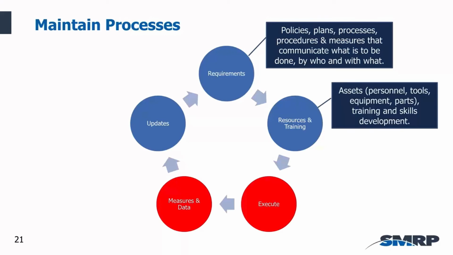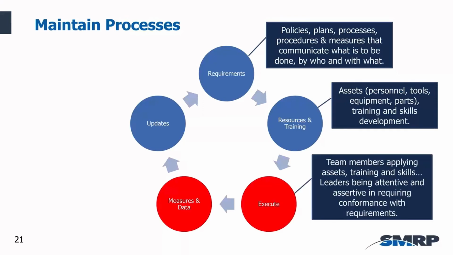But we then have to provide the assets, the personnel, tools, equipment, parts, etc., and the training and skills development so that people are capable of executing or carrying out the requirements. In the execute step, we have team members that are applying assets, training, and skills to execute their tasking. But we also have leaders that need to be attentive and assertive in requiring conformance with those requirements.